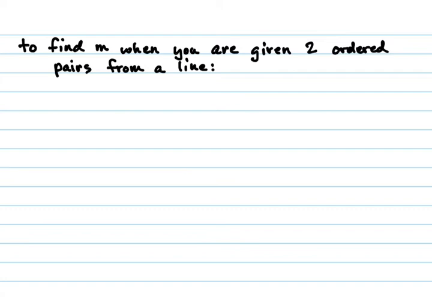Now, this is a very simple process. There's a formula for finding slope. What you're going to do is use what's literally called the slope formula. And it's easy to use.